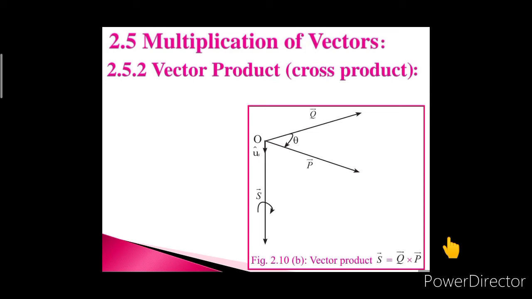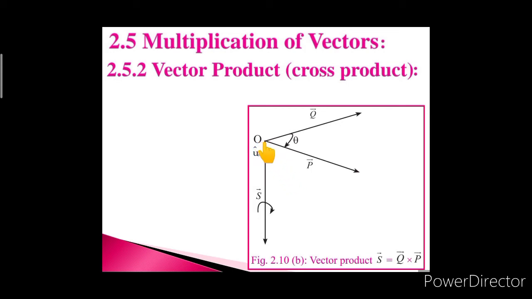So, when the vector Q is multiplied with vector P, a small angle theta is made between them, and the direction is taken from vector Q to vector P. So the result that we obtain is in the downward direction, as we are moving from vector Q to vector P in the clockwise direction.